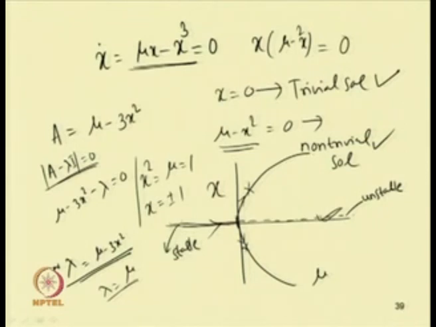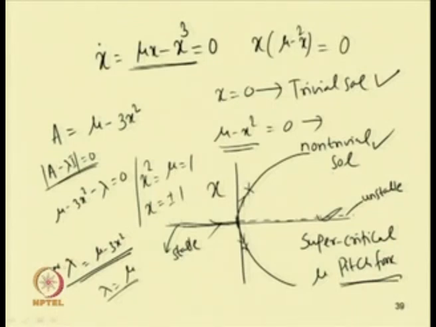So, this is a supercritical pitchfork bifurcation point. In case of a supercritical pitchfork bifurcation point, from a stable branch we have another stable branch and an unstable trivial branch. This is known as a forward bifurcation point.